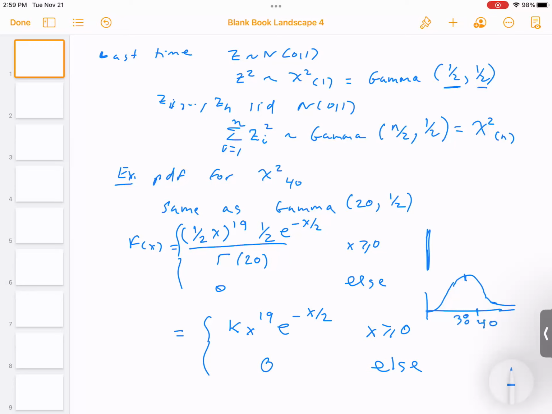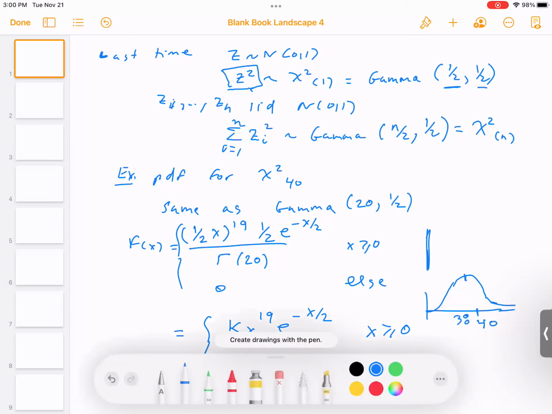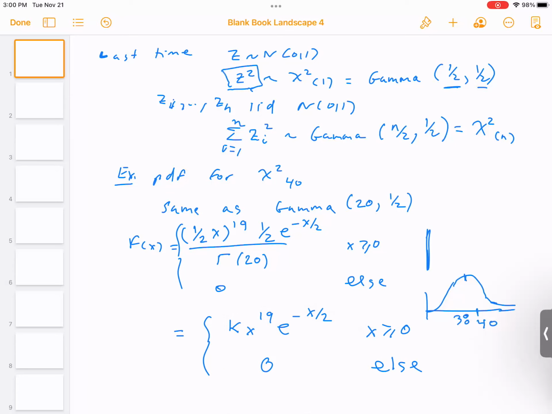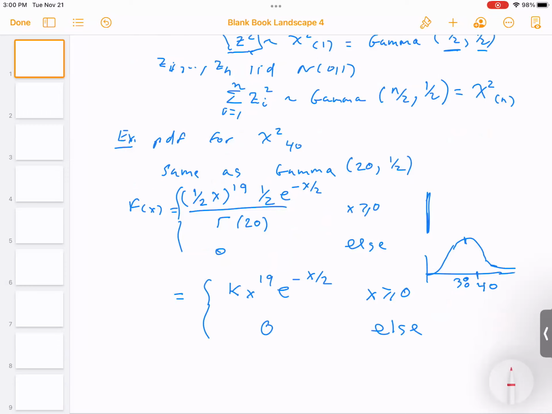I know because the expected value of Z squared, a standard normal squared, is 1. Do you know why? Let's have, like, for extra unplanned discussion, we'll go to a different color. So how could you show the expected value of Z squared is 1? Can you think of a quick way?